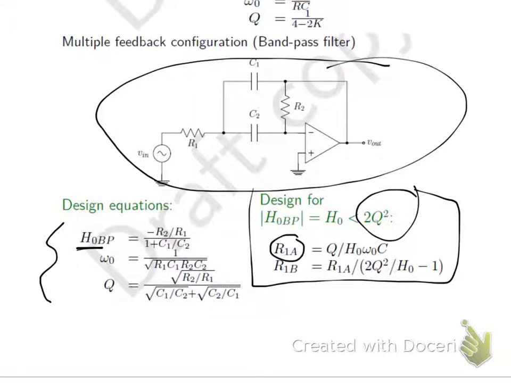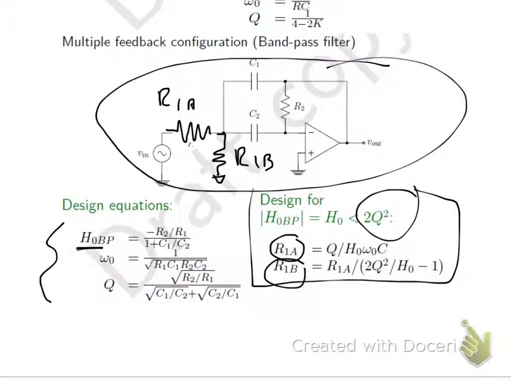So this R1A and R1B is basically taking this resistor, let me get some white out here, and replacing this resistor with that's R1B, R1A.